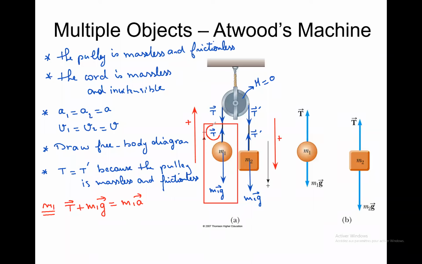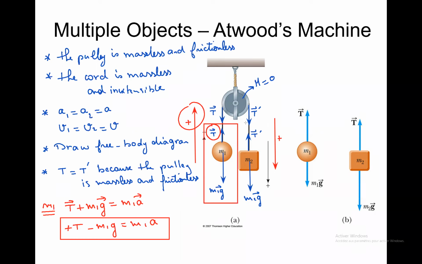T is directed in the positive direction, so plus T. M1g is in the negative direction, opposite to the positive one. So we have minus M1g equal M1a. This is the first equation for the object M1.